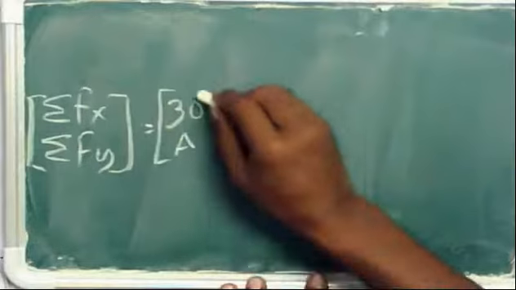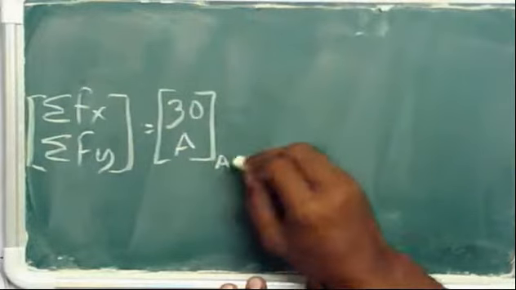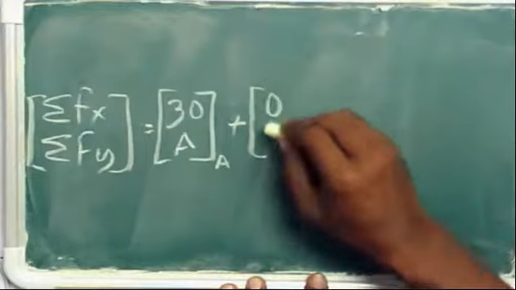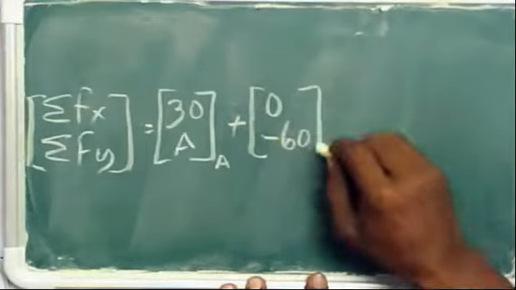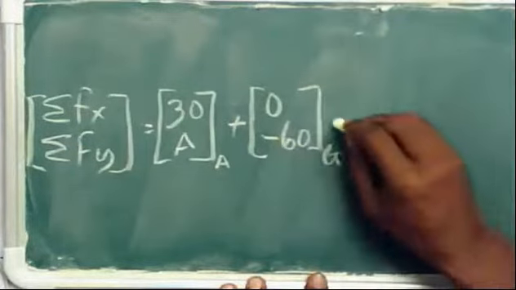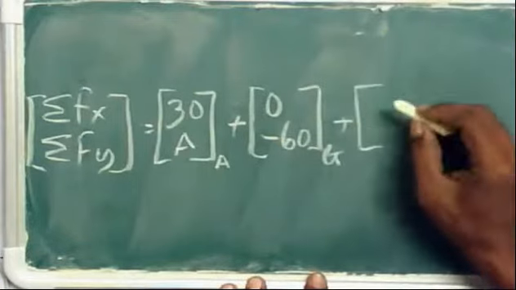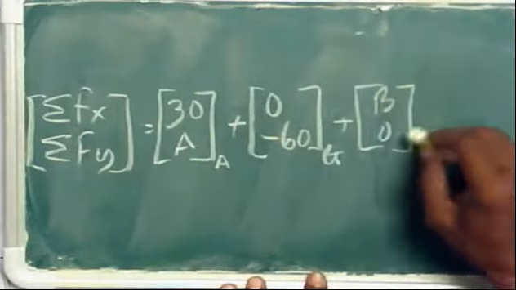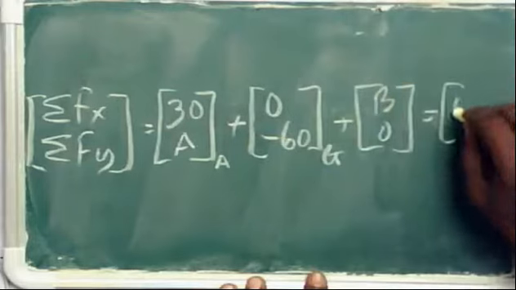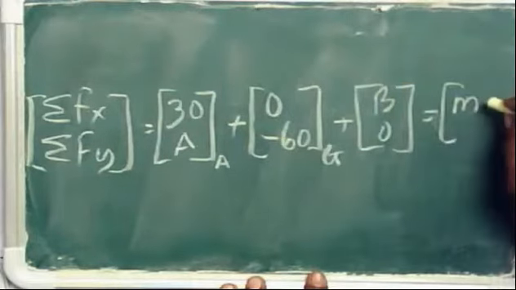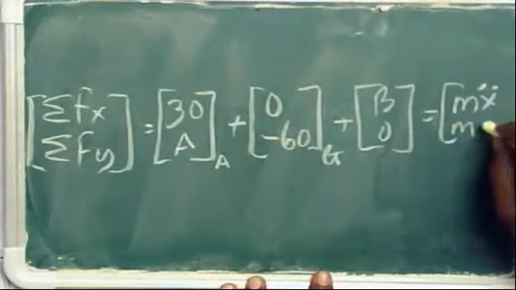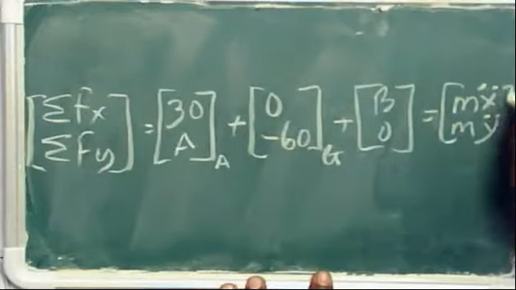A, and this one at point A, plus the weight component 0, minus 60 at the mass center, plus the B, 0, this one will be equal to m ax and m ay at G.